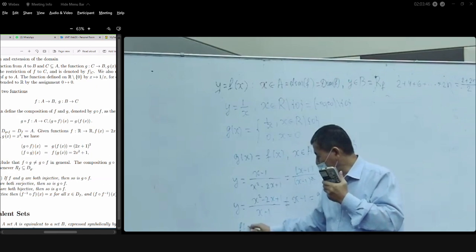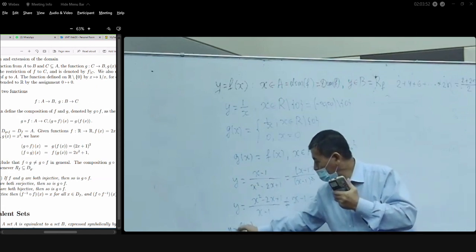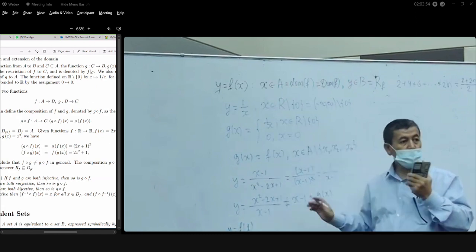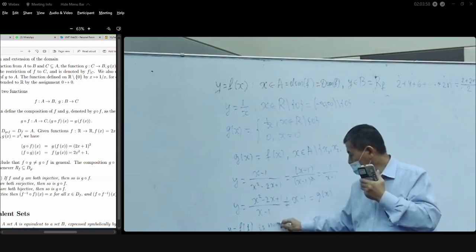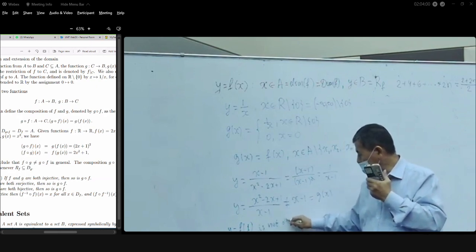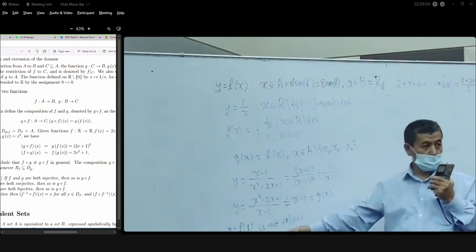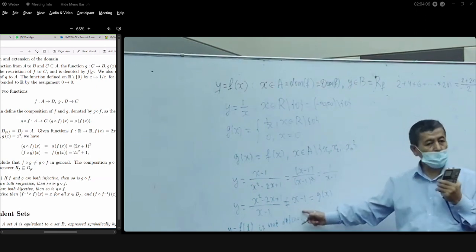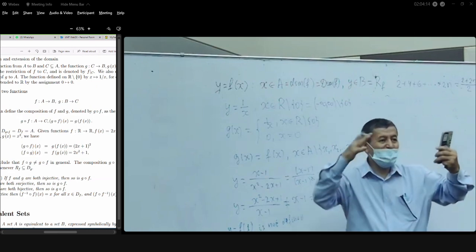Because, okay, look, at point 1, this f at point 1 is not defined. This one is not defined, but this function is defined at 1. You see, behaving.